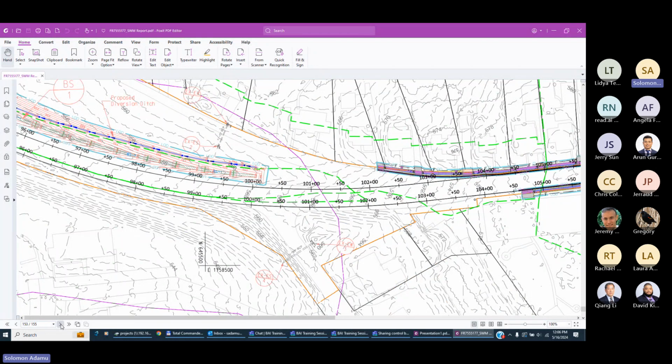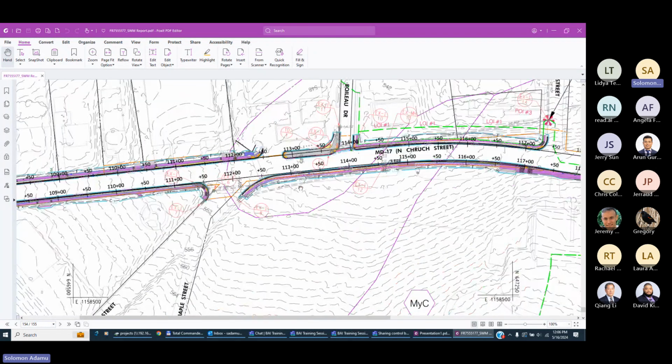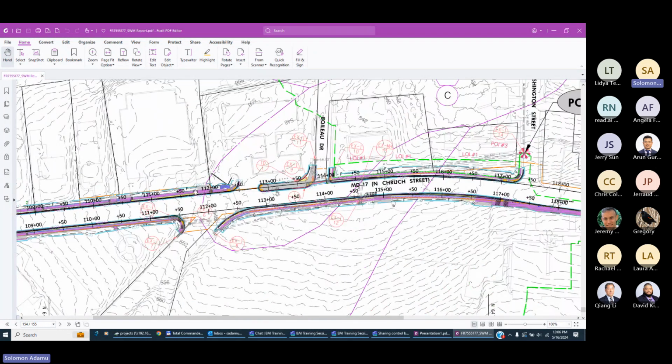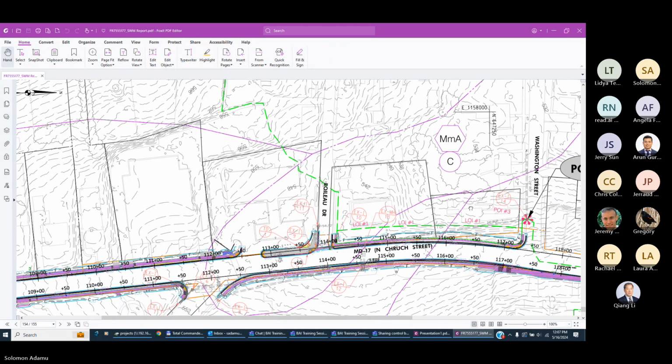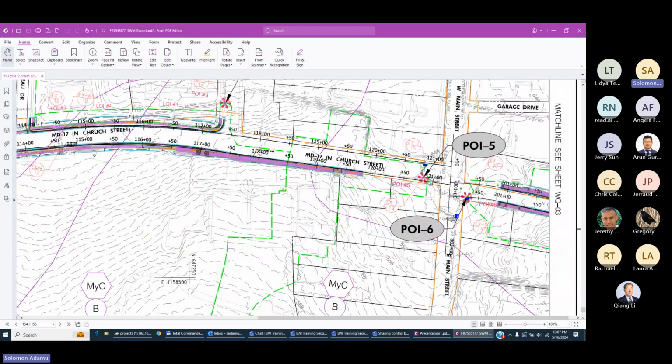I have some other POIs and LODs also. You see here, these are all LODs where we are doing some work, and those LODs are enclosed by drainage areas. And for those drainage areas, of course, we're going to have a point where concentrated flow leaves the site.